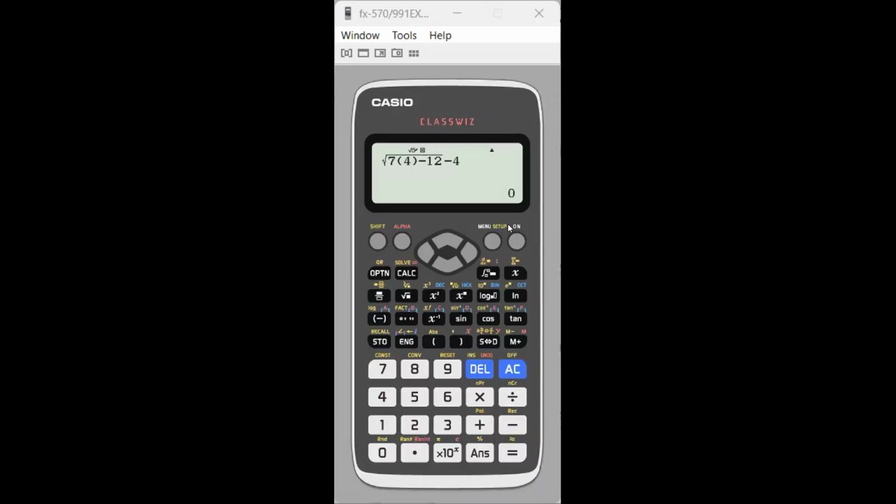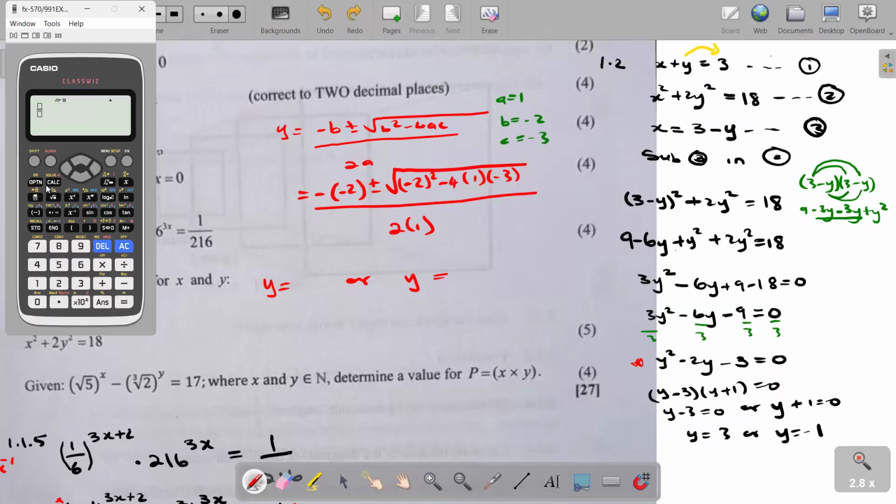So it will mean that we are going to have minus minus 2 plus the square root of b squared, which is minus 2 squared, minus 4a, which is 1, c, which is a negative 3, all over 2a, which is 1.